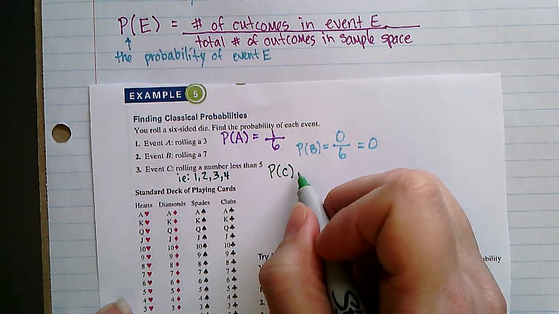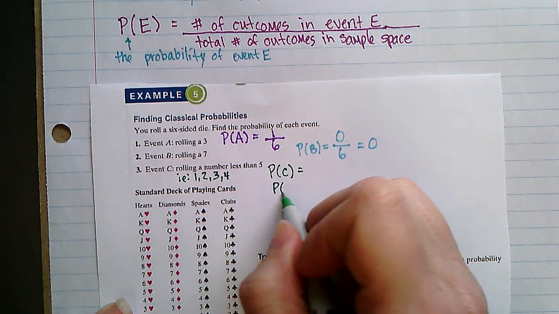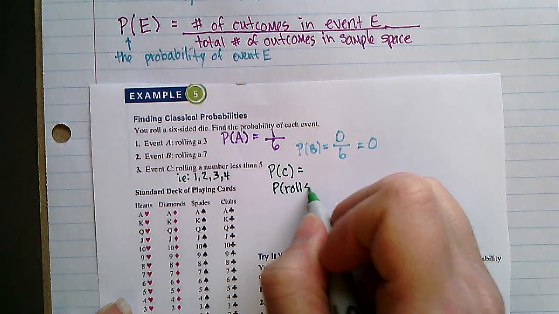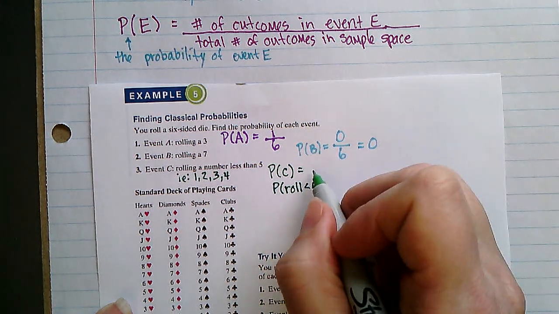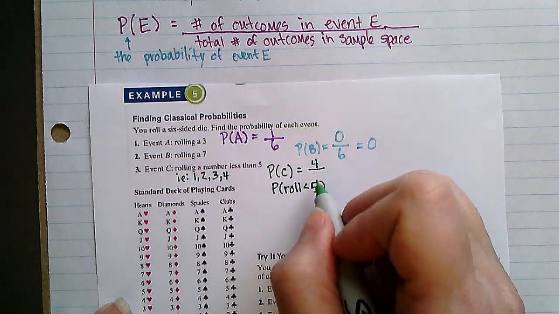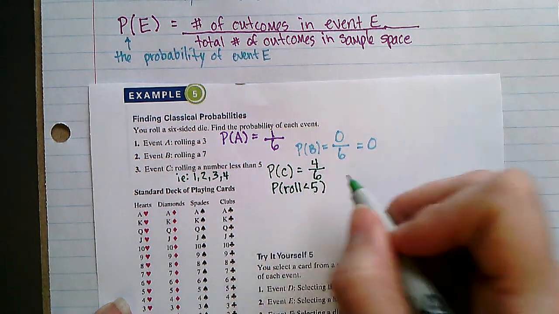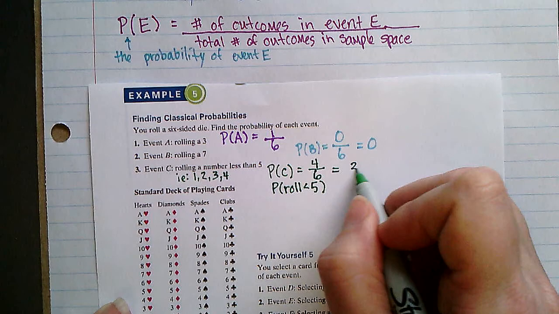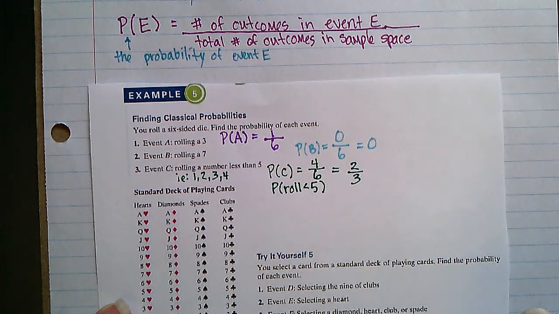So the probability of event C, which we could write as the probability that we roll less than 5, there would be 4 outcomes in that event, still out of the 6 in the sample space. So we would simplify that and make it 2/3.